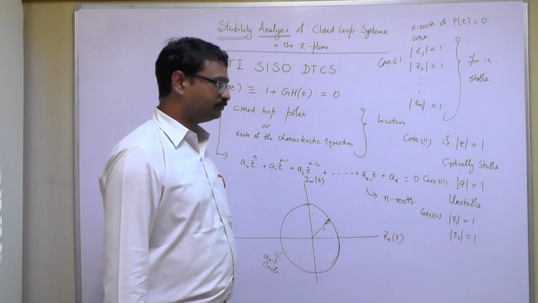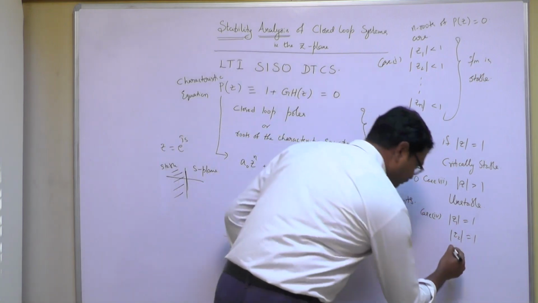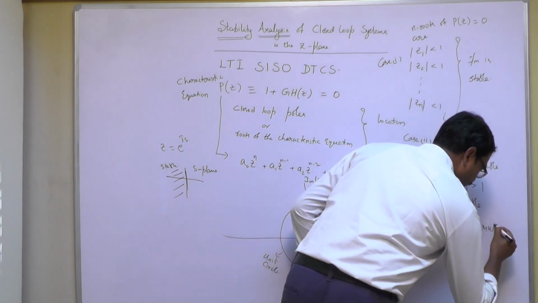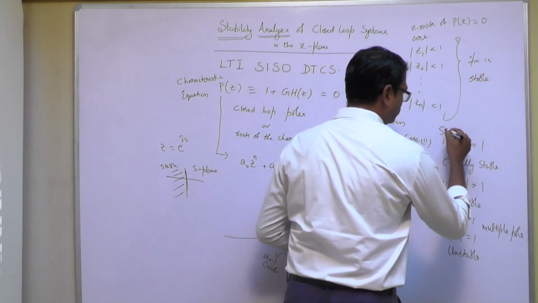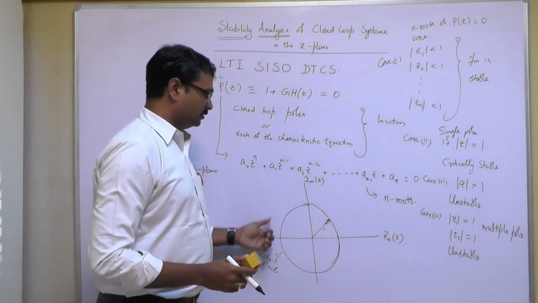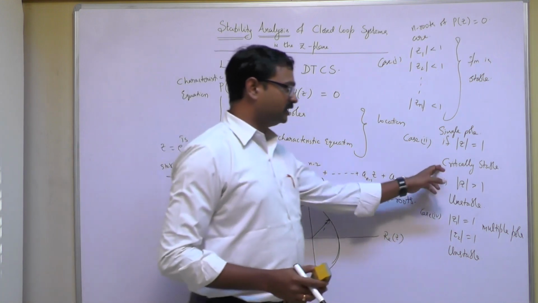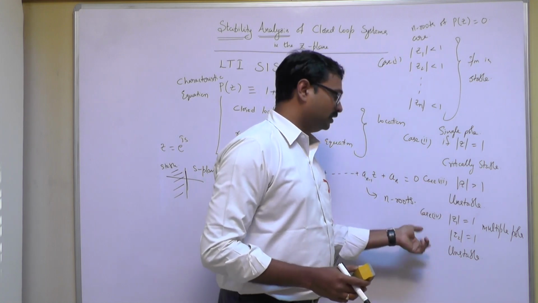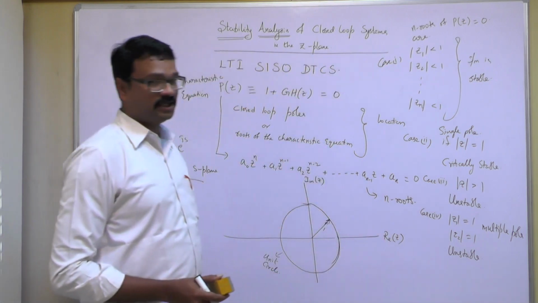If any multiple pole is lying on the imaginary axis, then again the system is unstable. If you have a single pole on the unit circle of the Z plane, then it is critically stable. But if two poles are lying on the unit circle, then the system is said to be unstable.